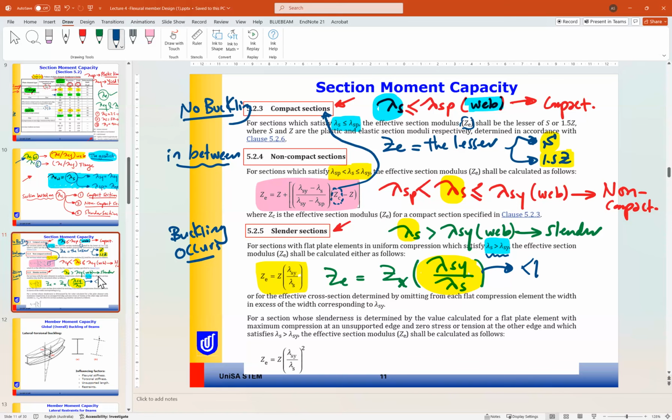Zc is Z for a compact section. So let's write it again here.